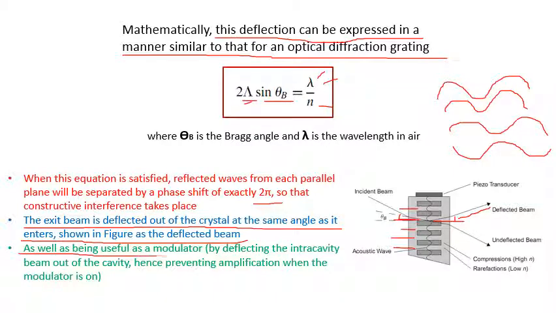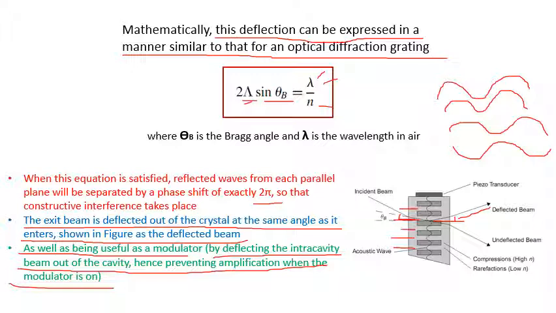As well as being useful as a modulator by deflecting the intracavity beam out of the cavity, hence preventing amplification, in the words of the book. In this case, the light is entering like this.